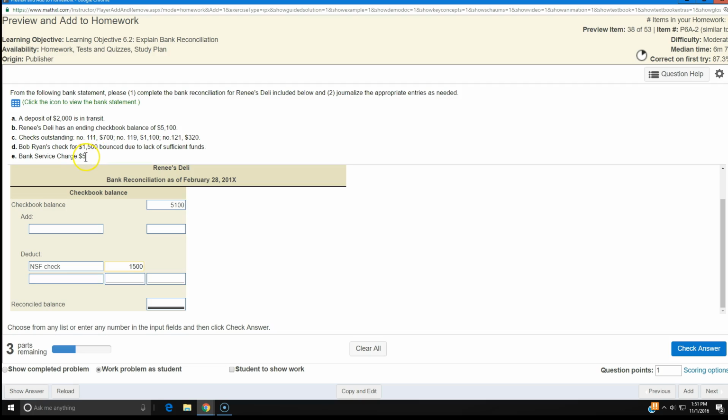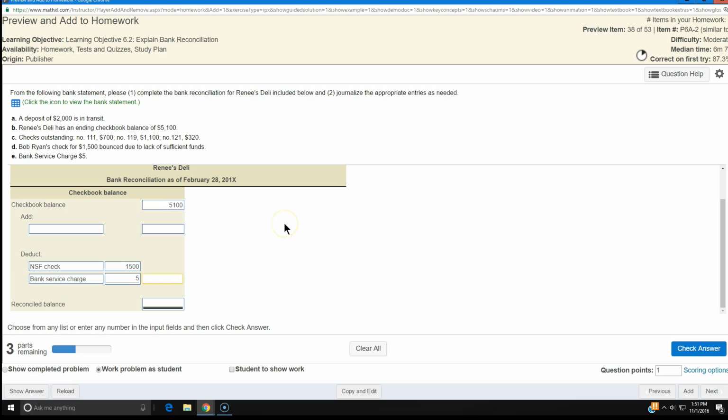The bank charged your account $5 for a monthly service charge. You click in this field here and you'll see there should be a field for bank service charge. Again, the bank subtracted $5, and you don't know about it until you get the bank statement.